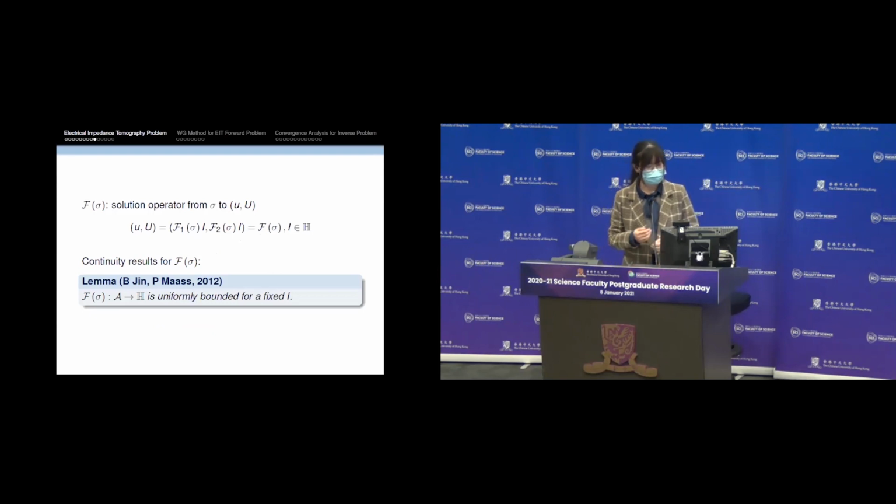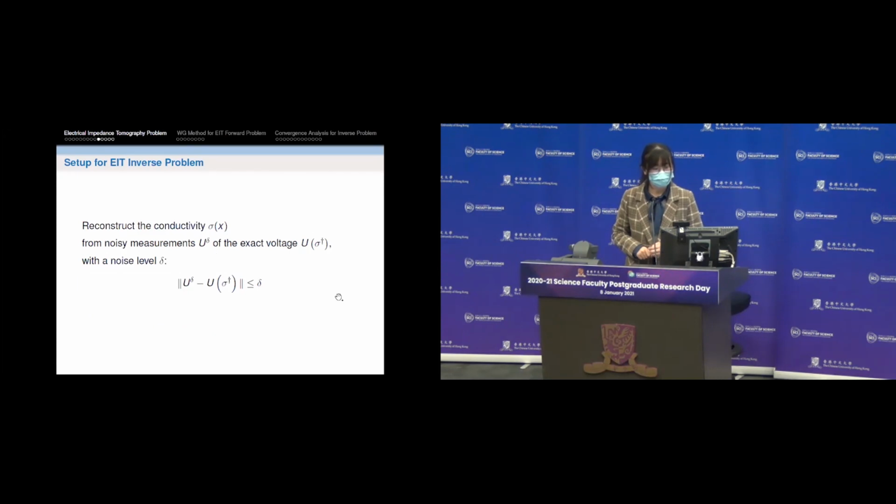This would give us this forward operator that maps the conductivity sigma and the injected current I to the pair U and capital U. Previously, by Bunty, Ying, and Petermans in 2012, we already have that this forward operator F is continuous and uniformly bounded. That makes it a well-posed problem as a forward one.